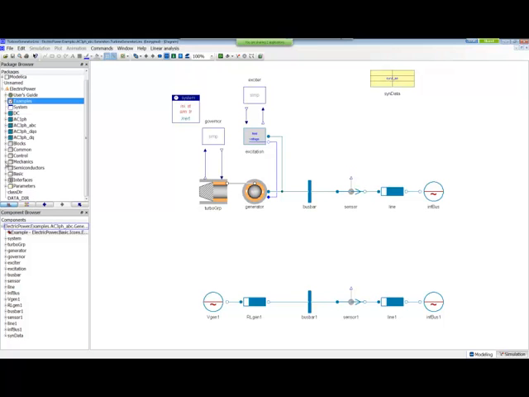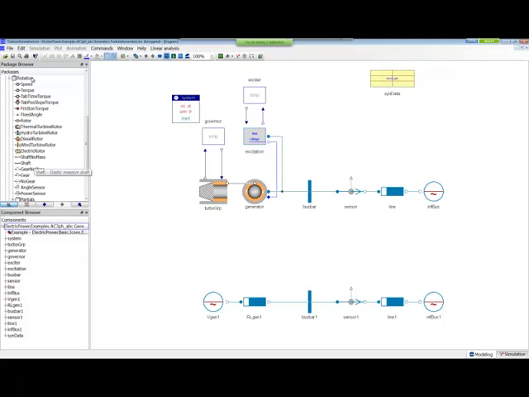All right, the mechanics package consists of basically rotation and translation models, including torque and gears and so on.